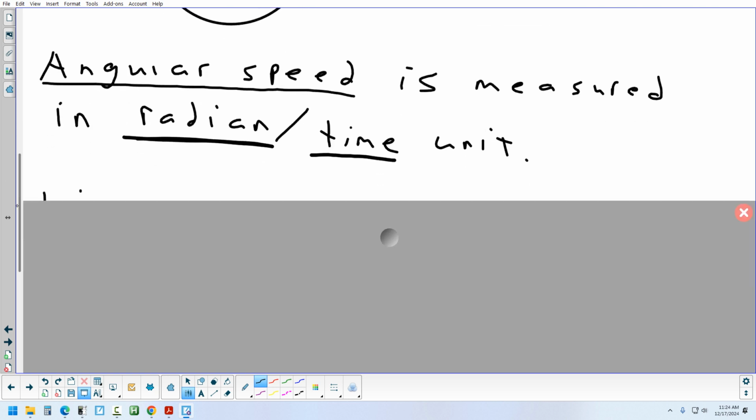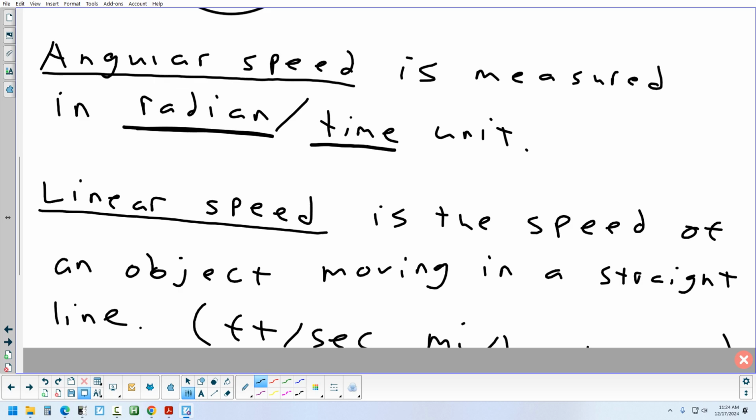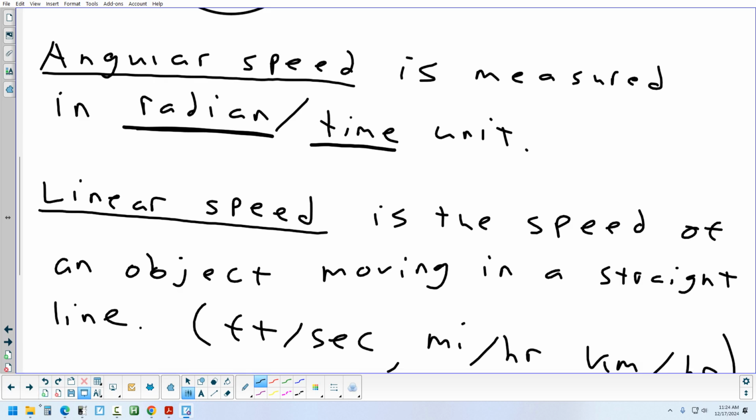Now, if you compare that to linear speed, it doesn't use angles, radians, degrees, or revolutions to measure how far you go. Distance in a linear way is measured in feet, inches, miles, centimeters, millimeters, kilometers, things like that.